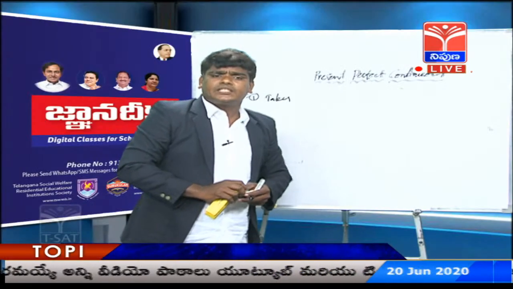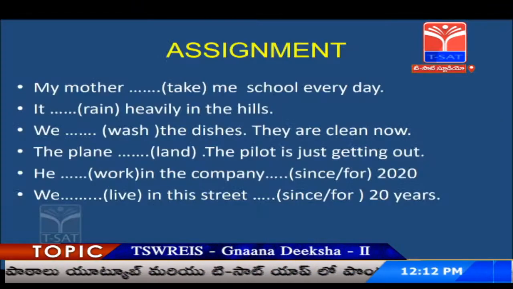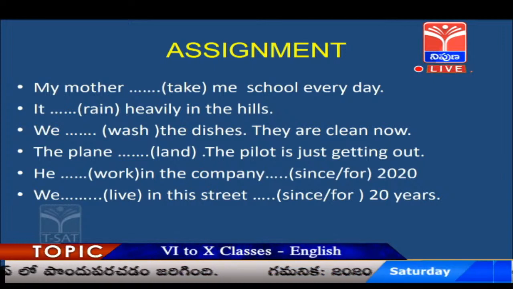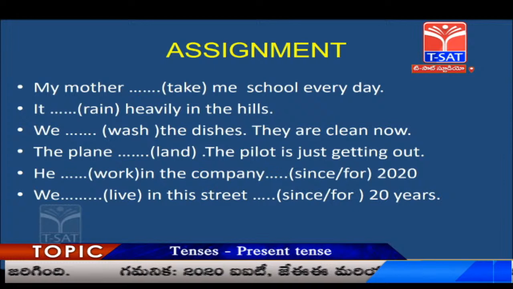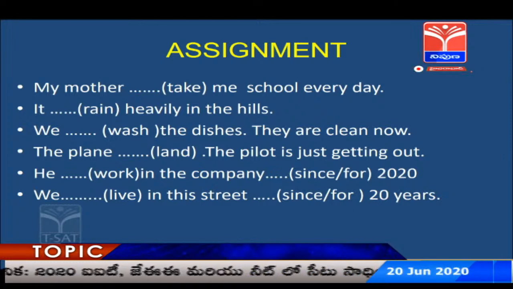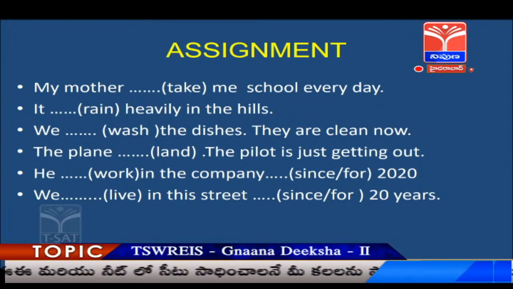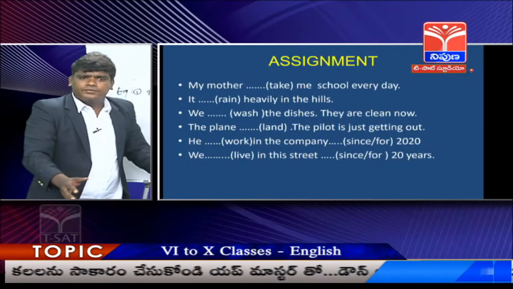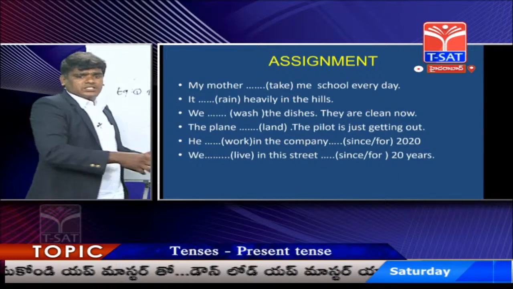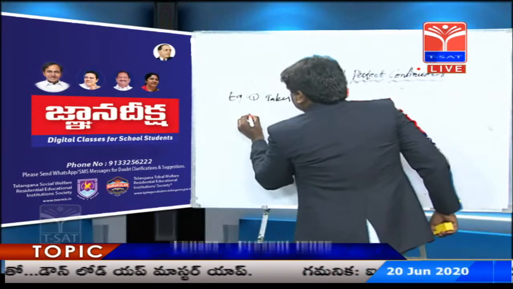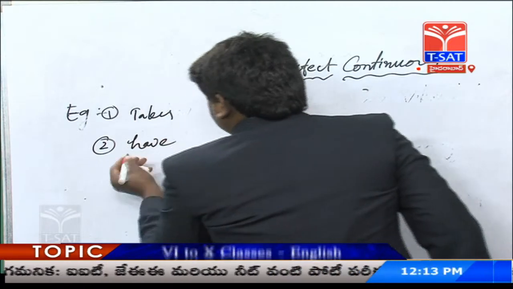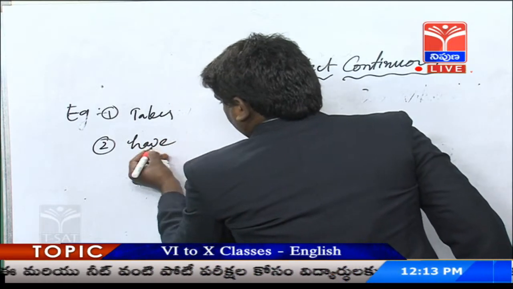Next one is present perfect. Just completed. We dash the dishes. They are clean now. We already cleaned it. Now we can see that they are very clean. We washed it, so we have washed. Just now completed action. The impact of the action is there in the present.